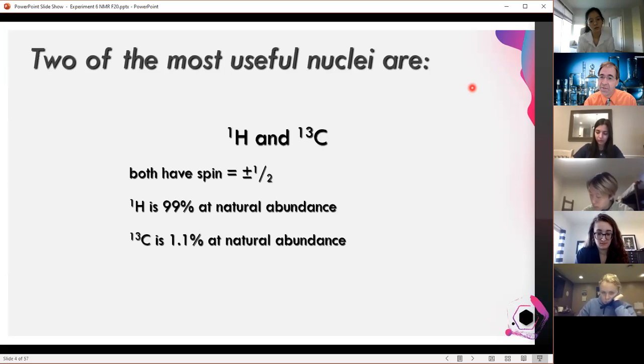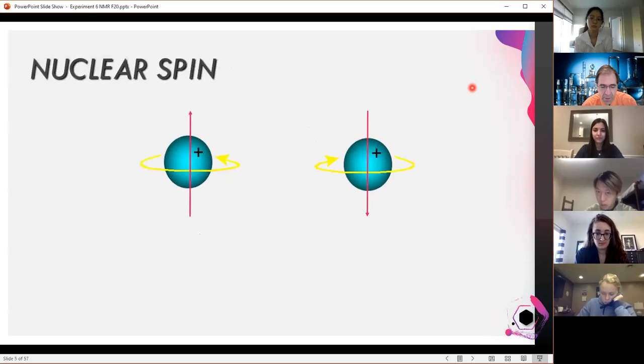So that's going to affect the results we get, because we can only see 1% of the carbons. However, we're looking at big samples with billions and trillions and quadrillions, I don't even know how the numbers get, googols of atoms in them. But we're going to come back to that natural abundance here in a little while. All right, so let's talk about a nucleus, and let's talk about spin.